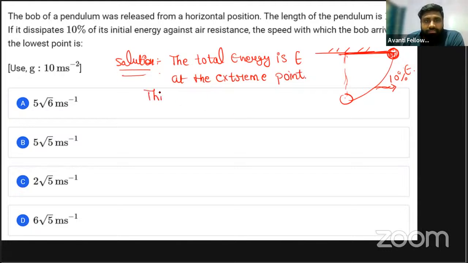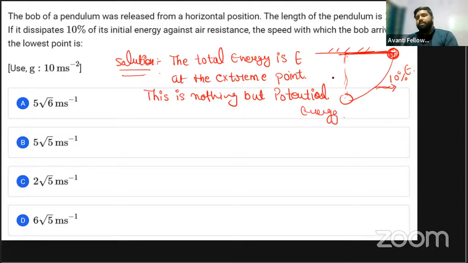And this is nothing but potential energy, because when you release this ball, you have released it with zero velocity, which means all the energy that it can have at this horizontal position is potential energy.